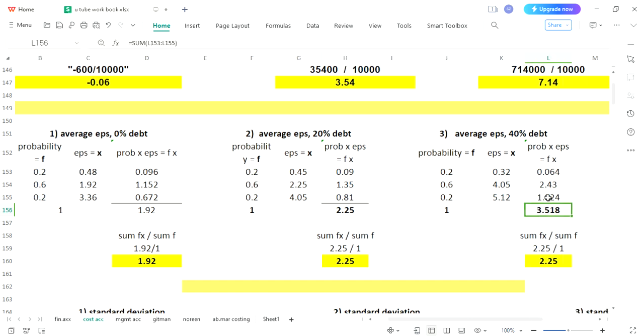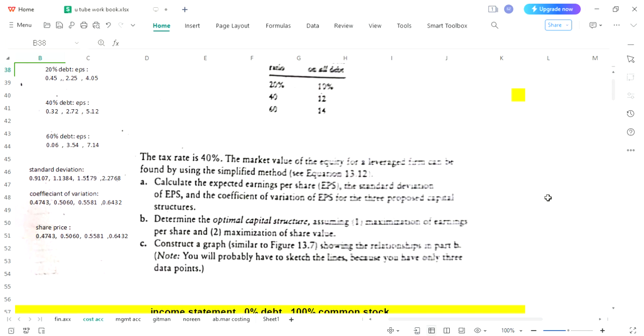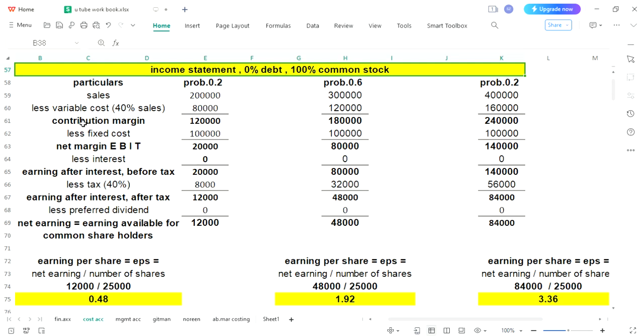Oh God, something is fishy over here. The average EPS has been changed. Let me see again for 40%. It was 0.32, 2.72.